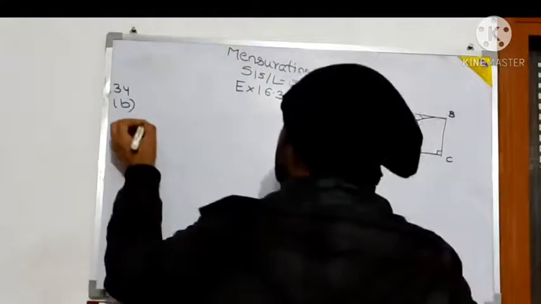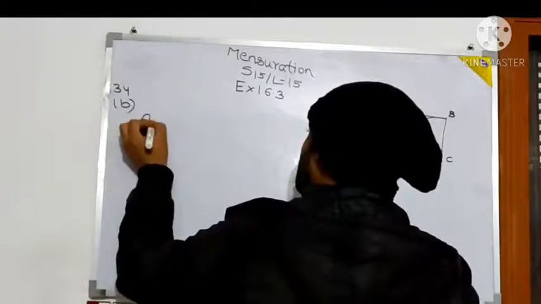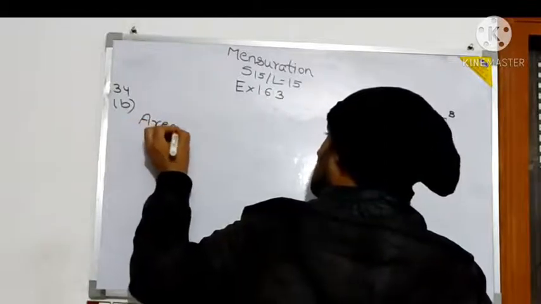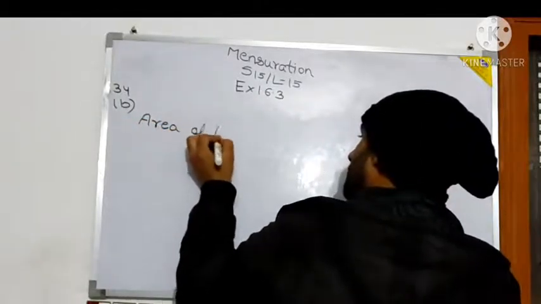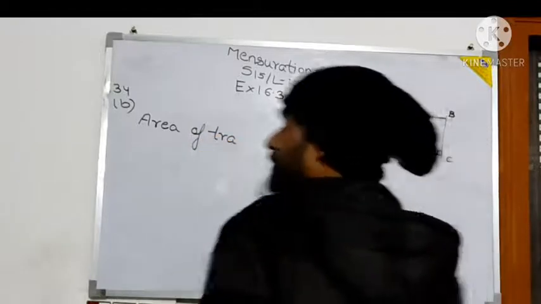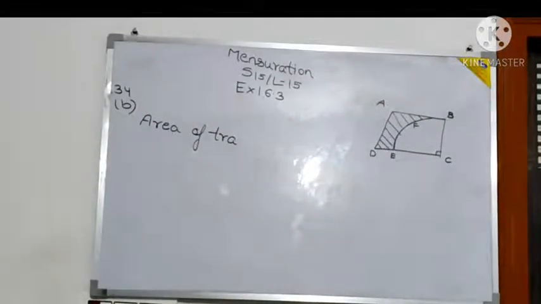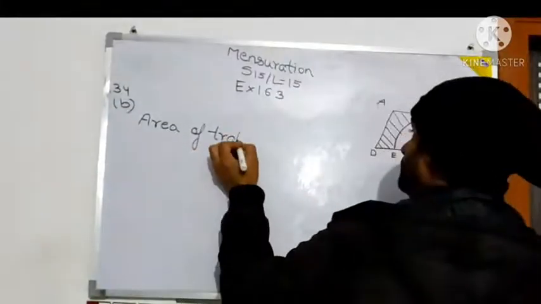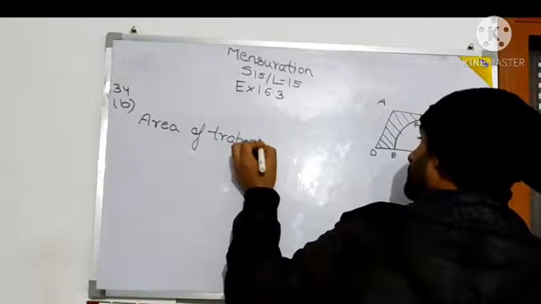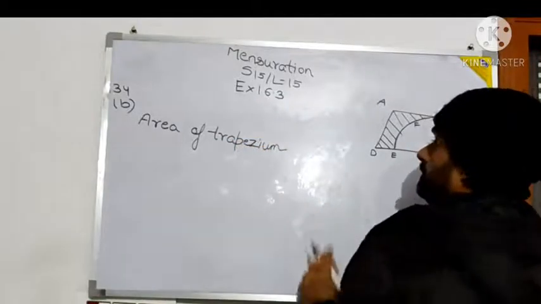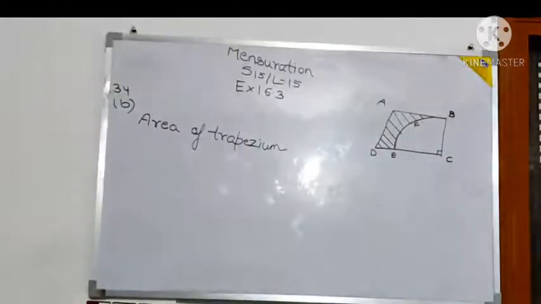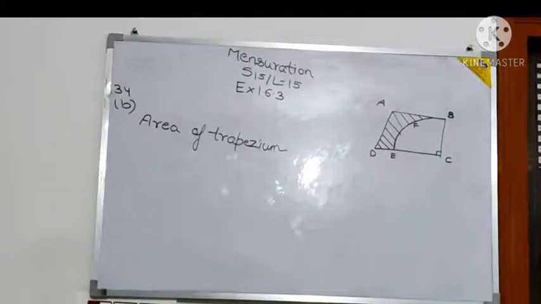So right here, I am trying to write big, area of trapezium, so that those people having some issues of viewing can see it. I'm also checking that some shiny portion is not visible to you. I'm writing it below only.